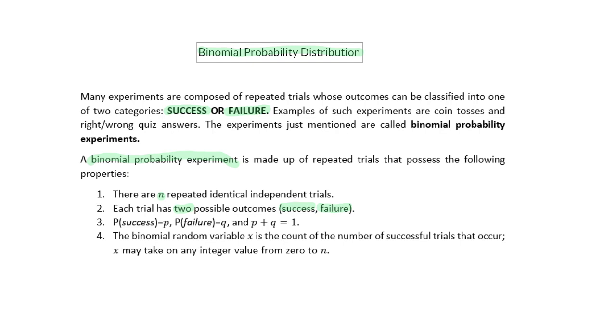Number three, the probability of success equals P, the probability of failure equals Q, and we always have P plus Q equals 1. And the last one, the binomial random variable X is the count of the number of successful trials that occur. X may take on any integer value from 0 to n. In other words, X is a discrete random variable.